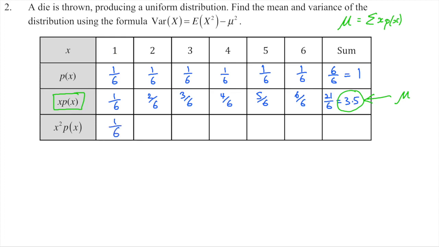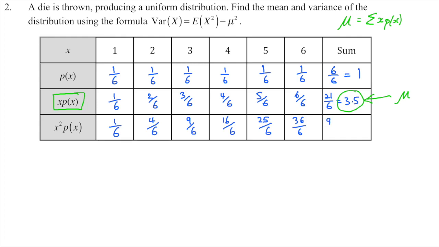The next one will be 2 squared times 1 over 6. The next one will be 3 squared times 1 over 6. 4 squared times 1 over 6. 5 squared times 1 over 6. And 6 squared times 1 over 6.